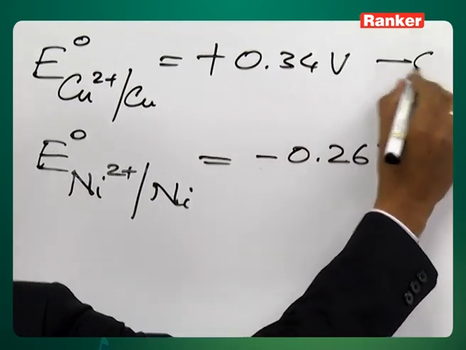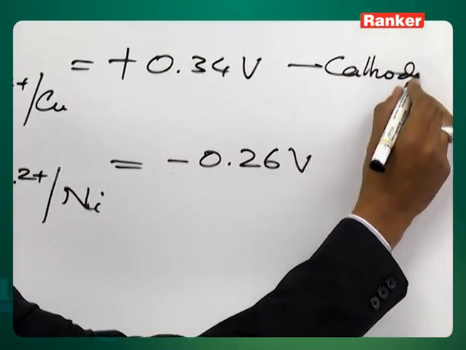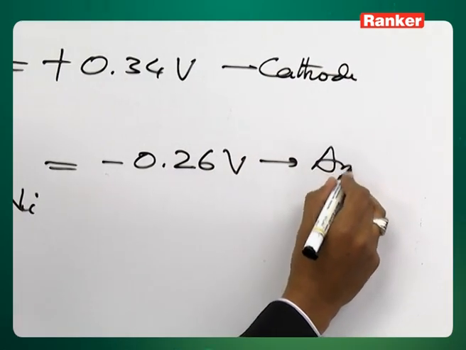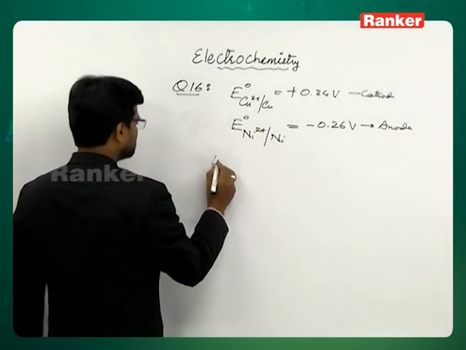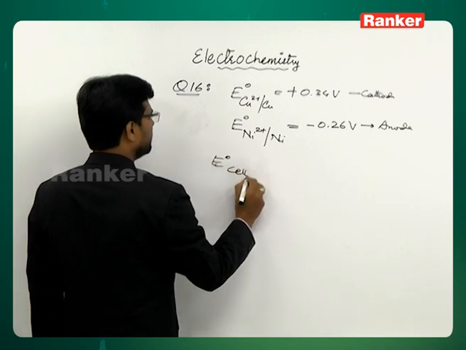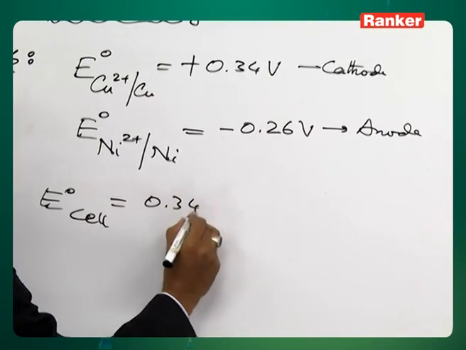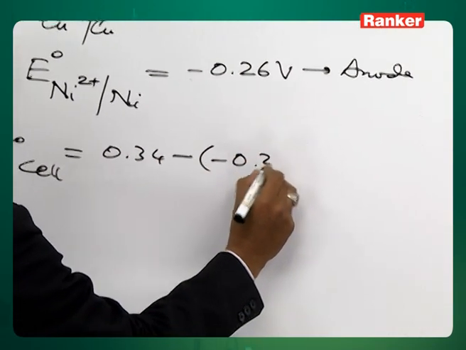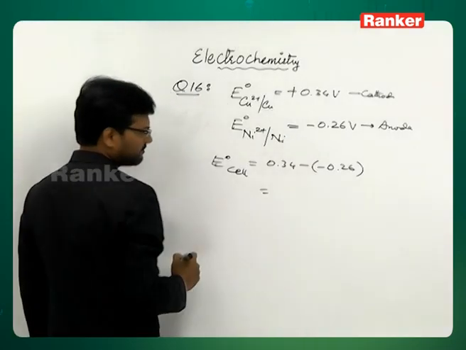Now, this will act as a cathode and this will act as anode, and the E° cell will be 0.34 minus of minus 0.26.